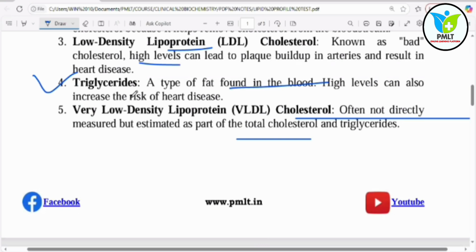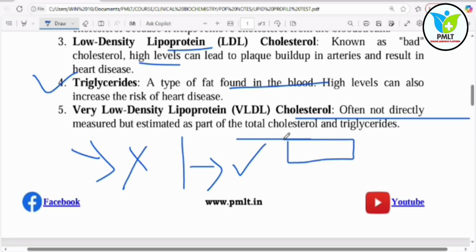And I am telling you that nowadays manual procedures are not used. Nowadays, they use automated machines. On the panel of the automated machine, you just have to choose the parameter, or you just choose the direct lipid profile test and click here, and you will get the result automatically.